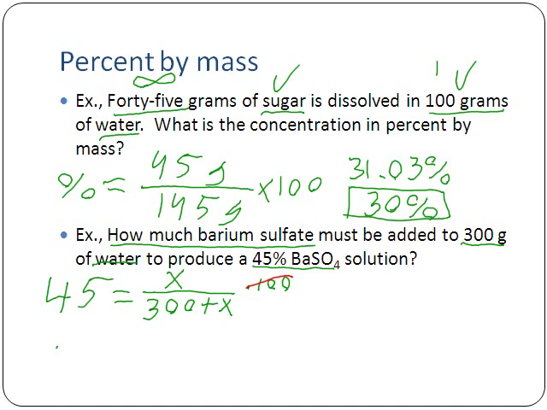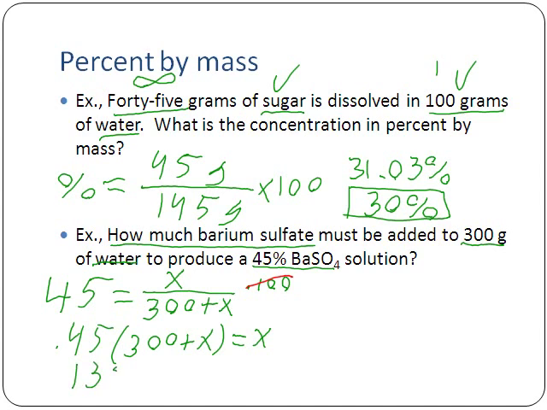So we do that, we get 0.45. We're then going to want to multiply up the 300 plus X like that, and this is going to equal X just like that. So then going a little farther here, we take out our calculators. Let's distribute the 0.45 through. And so when we do that, we get 0.45 times 300. And so I get 135 for that.